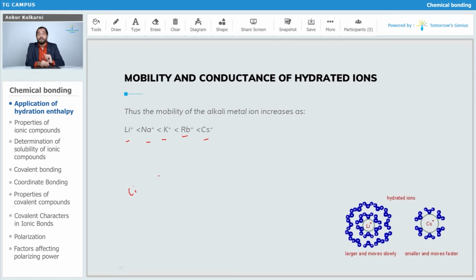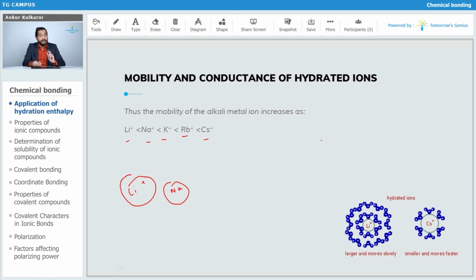Lithium, with the smallest gaseous atom, will attract more H2O molecules from the solvent, so the hydrated ion size will be greater in the case of lithium when compared to sodium, which will have a little bit less size than lithium, correct? So lithium will have more hydrated size. Sodium, which is larger in size than lithium, will have a little bit less hydrated ion size.